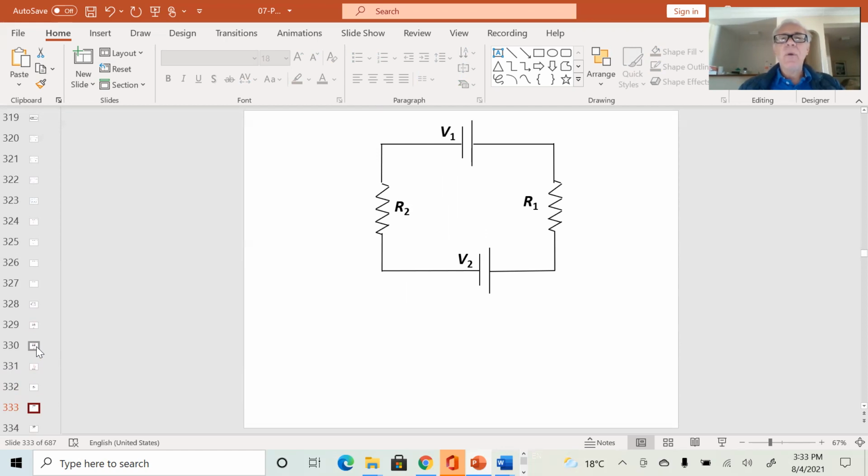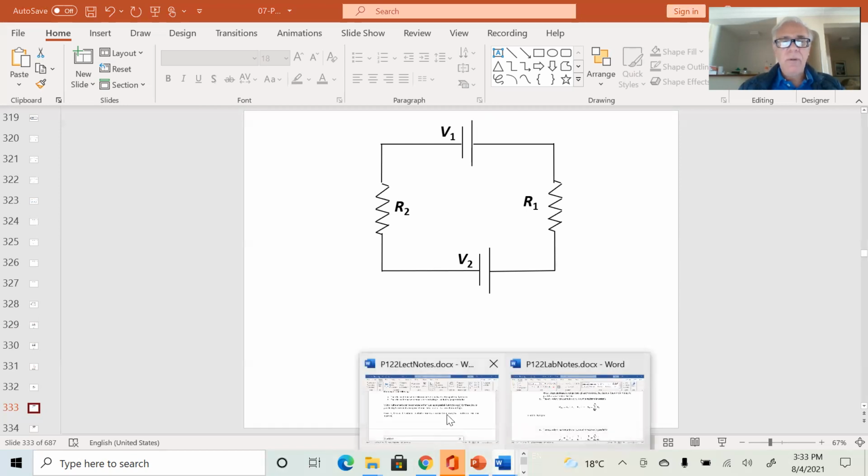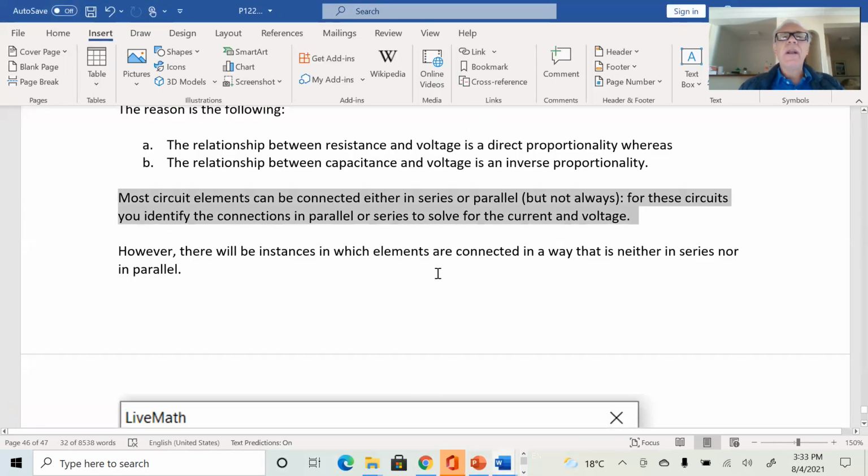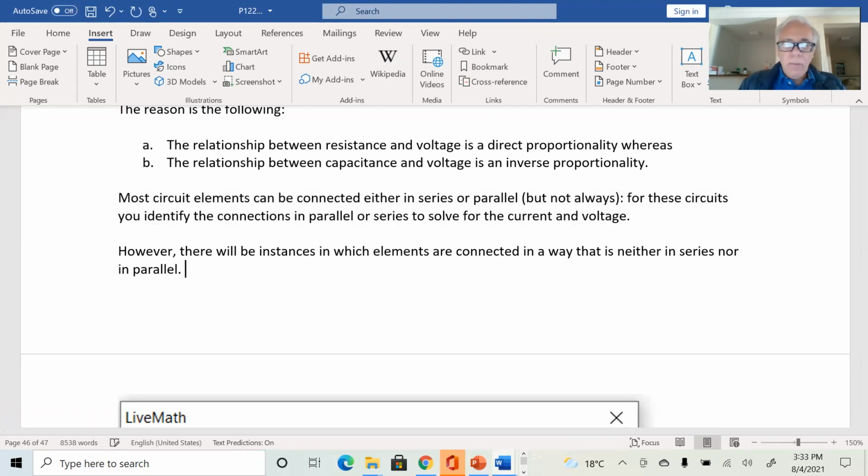Let me give an example so you will understand how you apply Kirchhoff's loop law to this type of problem, right? So let me write that down in my notes. There will be instances in which elements are connected in a way that's neither in series nor in parallel. Also, there will be problems in which you will have two batteries as well.